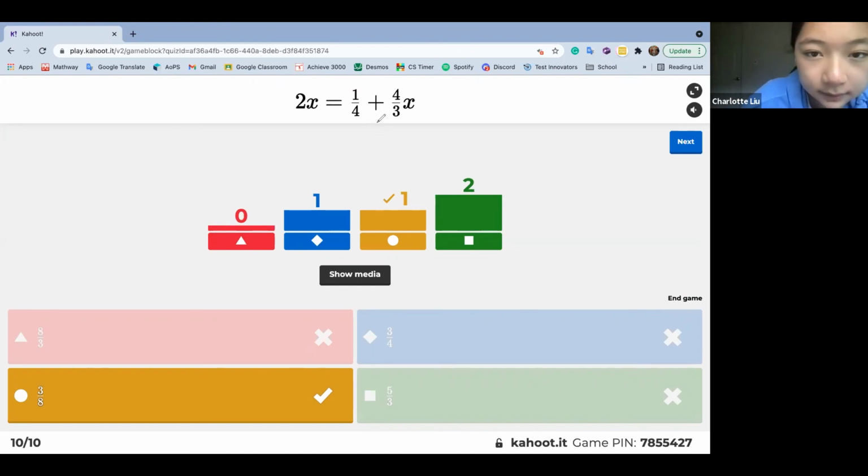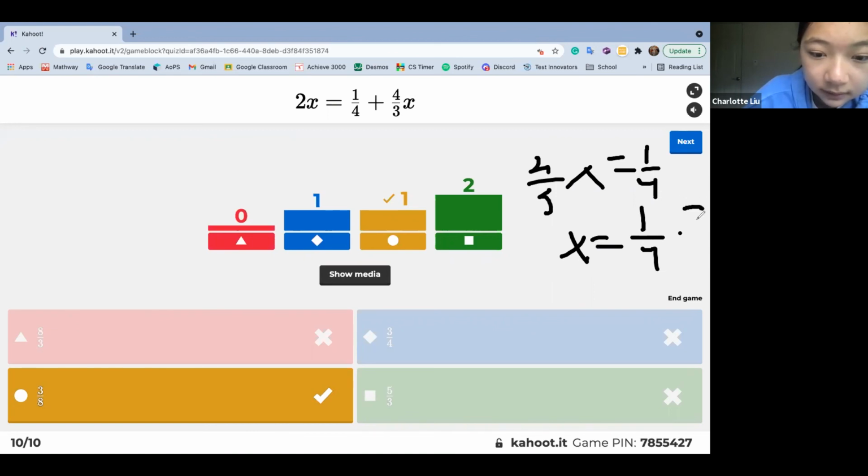You would first subtract 4/3 x from both sides. So 2x would equal 6/3 x, and 6/3 x minus 4/3 x gives you 2/3 x equals 1/4. Now you multiply both sides by the reciprocal, which is 3/2, so x equals 1/4 times 3/2, which equals 3/8.